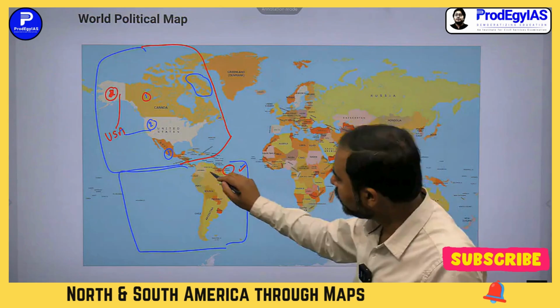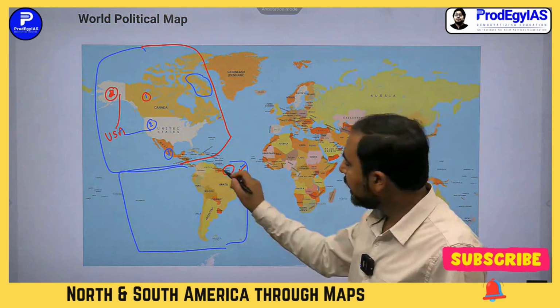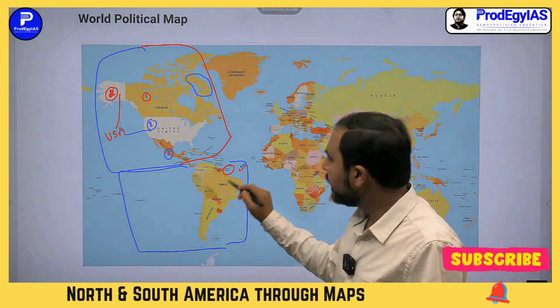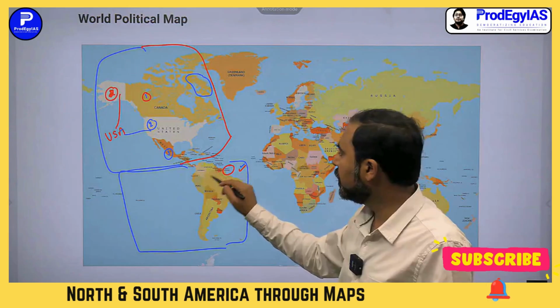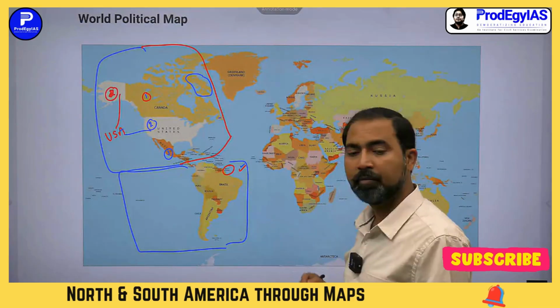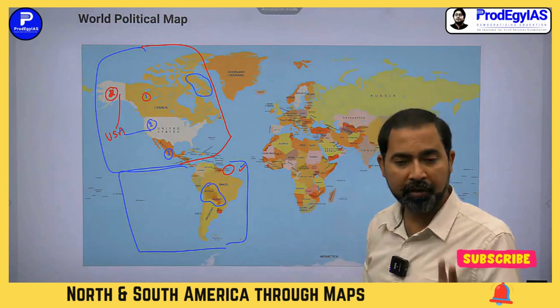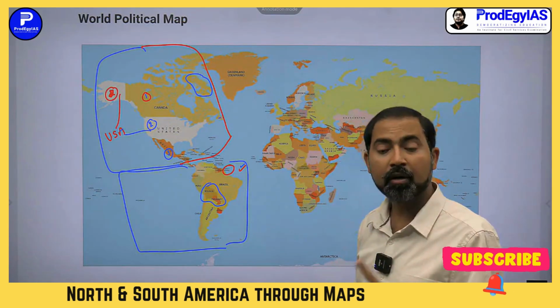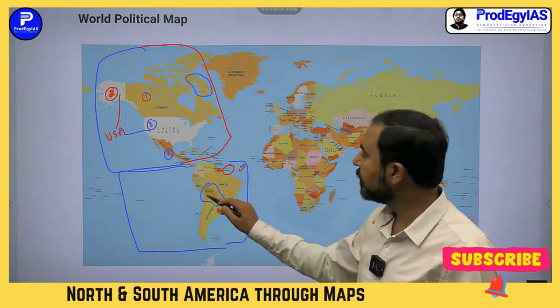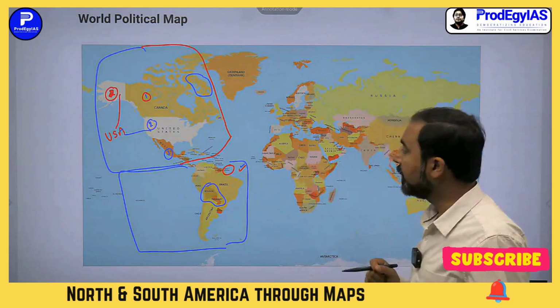Then you have to draw the particular boundaries, like what are the countries on the boundary of Brazil, and which countries are landlocked, like Bolivia and Paraguay. Only 2 countries in South America are landlocked, not touching any sea or ocean, water body, right?